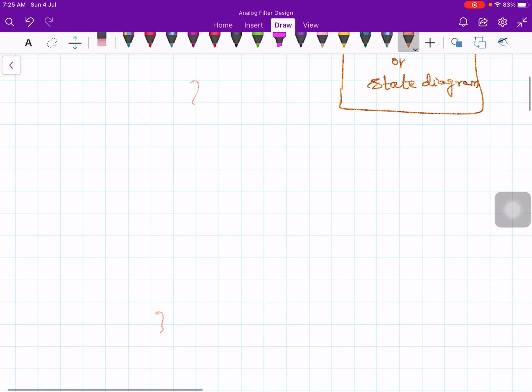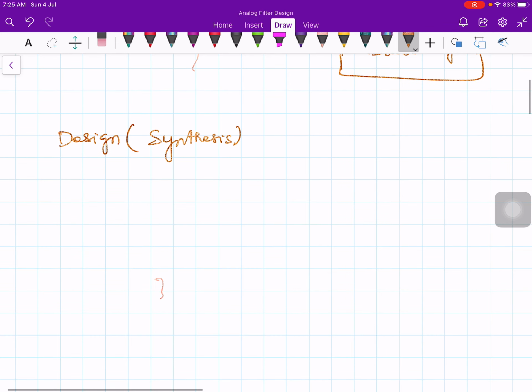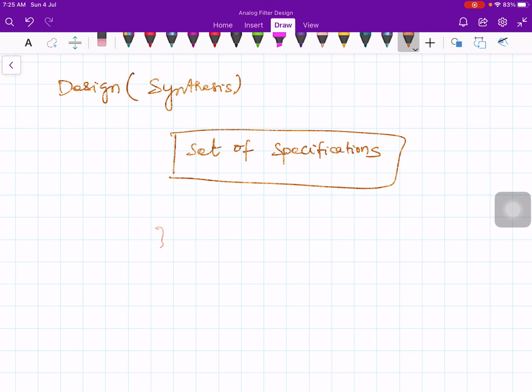Okay, on the other hand, when you want to do a design, also called synthesis. Whenever we want to design a sequential circuit, it starts from a set of specifications. A set of specifications are given, and from those specifications we need to find out the logic diagram.